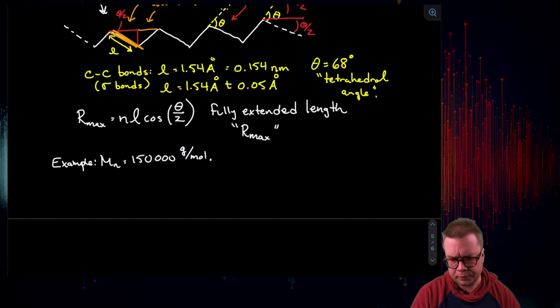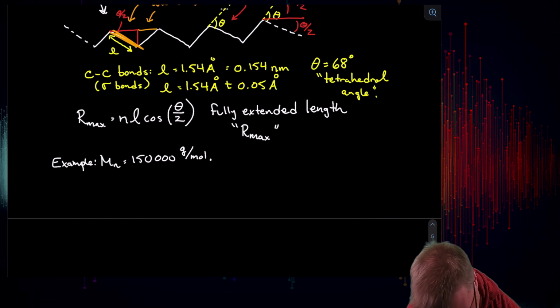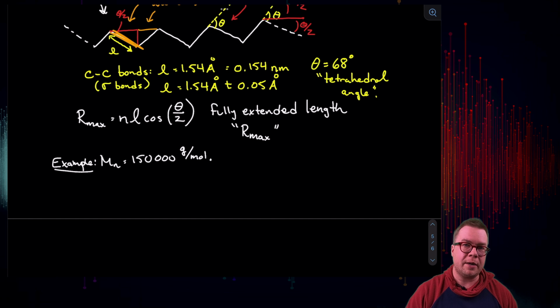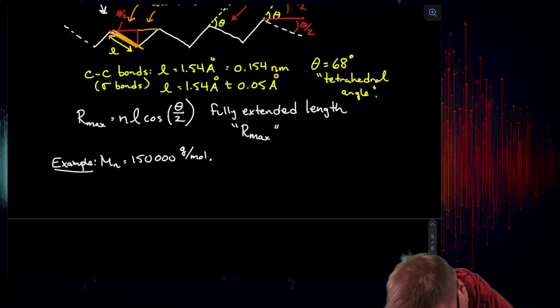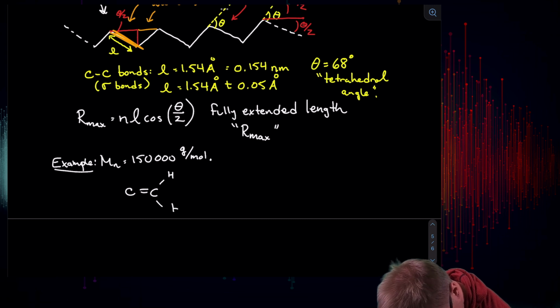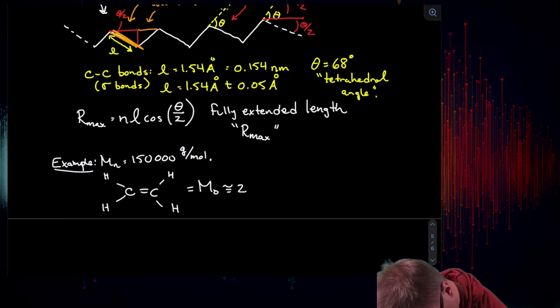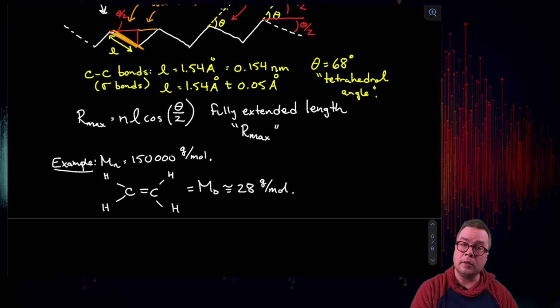Okay, small compared to things that are used in biomedical applications. And this polymer is polyethylene, right? So that means that each monomer is an ethylene molecule, and we have many of them. So ethylene looks something like this. And so the mass of the monomer is about 28 grams per mole.